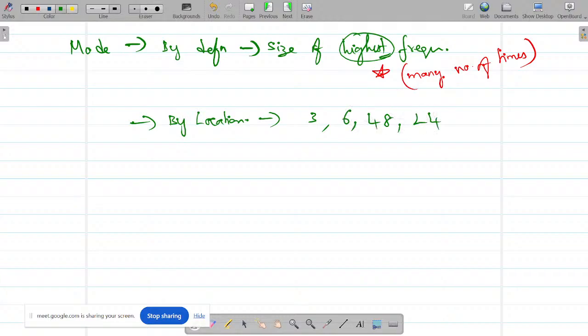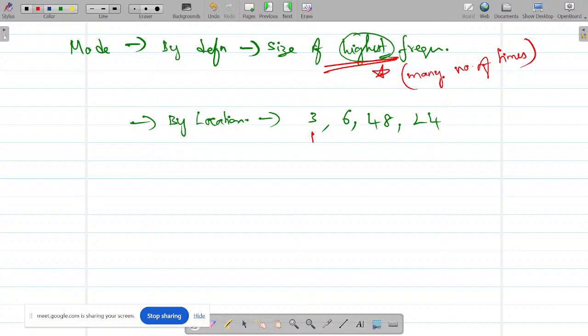Can you tell me which is the mode here? See the definition and come to the problem. No mode, right? I am highlighting this word, highest, which means there is only one value which is not repeating.